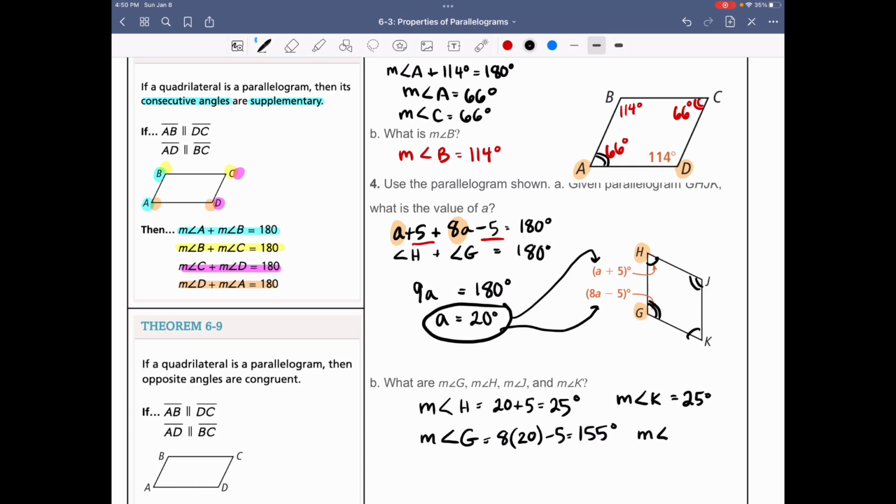So the measure of angle J is also going to equal 155 degrees. Okay, and maybe I'll just recolor these so that it makes it easier for you to see that this is angle H and it is opposite of angle K, and angle G is opposite of angle J.